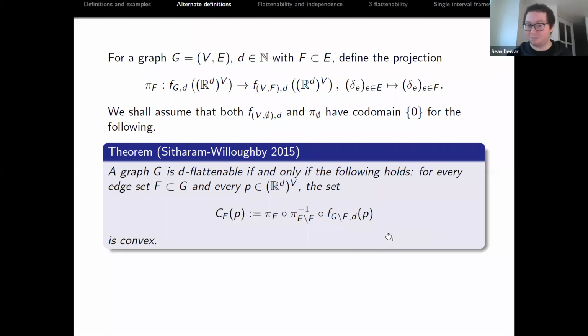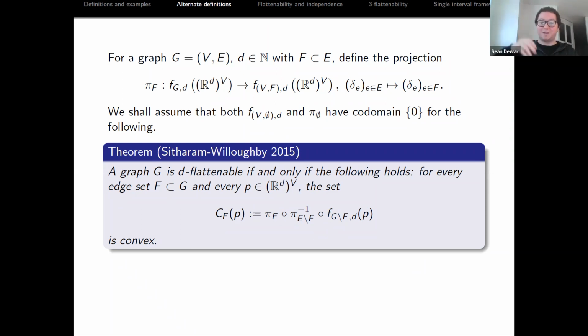Now, what does this actually mean? We've taken our d-dimensional realization P, and we're looking at all the edges. We look at all the possible edge lengths that aren't in F. That's all we're looking at. So we have all those possible edge lengths. We're now looking at this set and then doing the inverse of the projection.